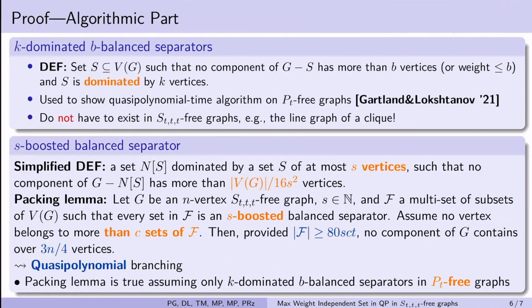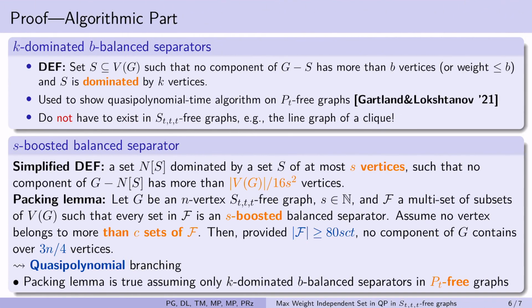So let's first look into the packing lemma here. It says that we have an STT-free graph, and we have some family of subsets of vertices. Those are supposed separators, and we assume that no vertex belongs to more than c of such sets.